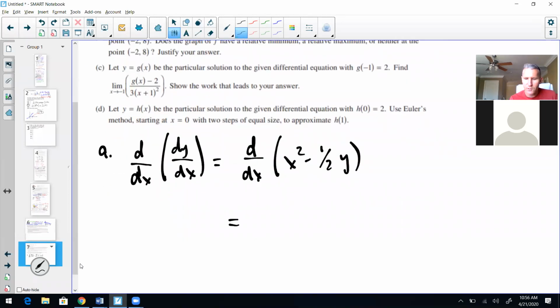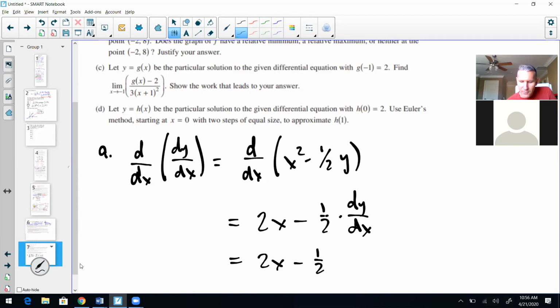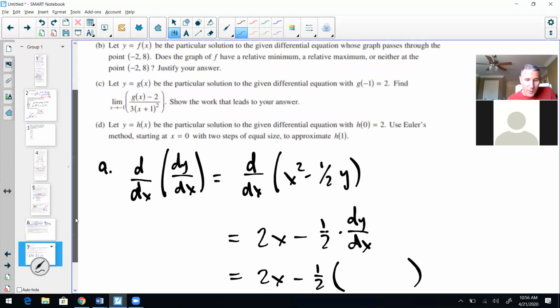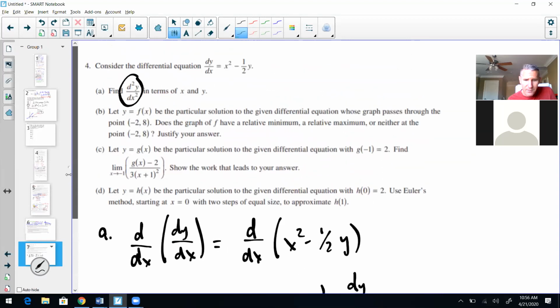So the derivative of x squared is 2x. The derivative of 1/2 y is 1/2 times dy dx. But dy dx was given to us, so we would say dy dx is just x squared minus 1/2 y.